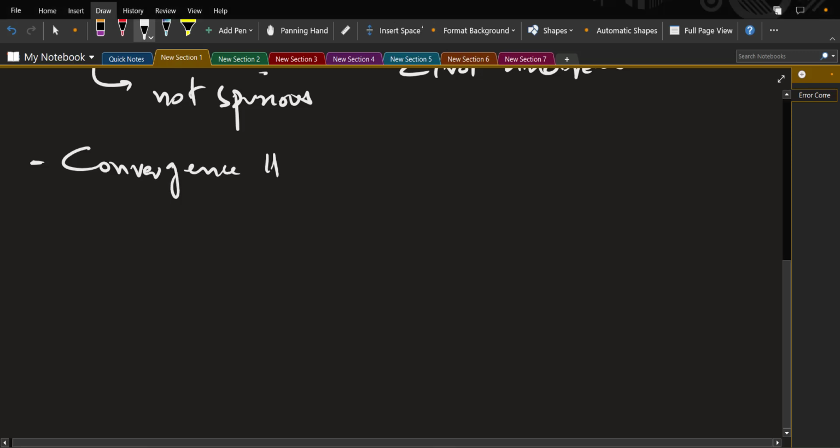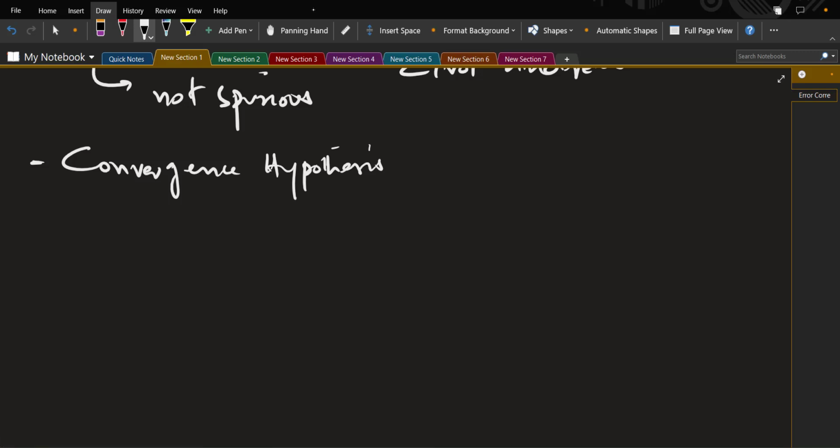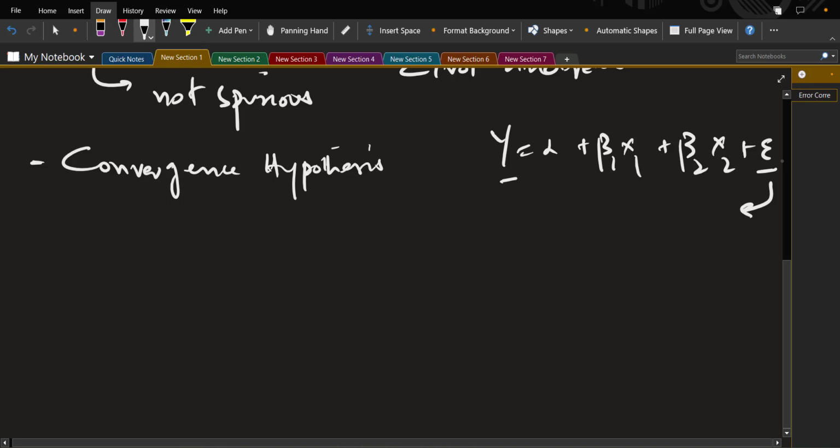This says that if the equation I've shown above, y is equal to alpha plus beta 1 x1 plus beta 2 x2 plus e, is not spurious, then any changes in e should lead to change in y, so that the equation is responsive to any explainable changes in e.